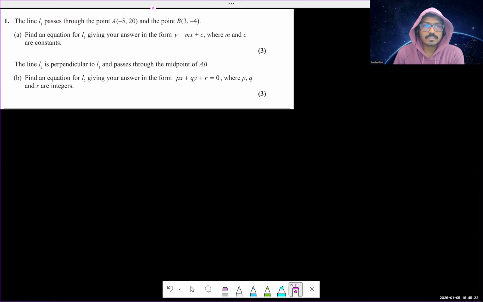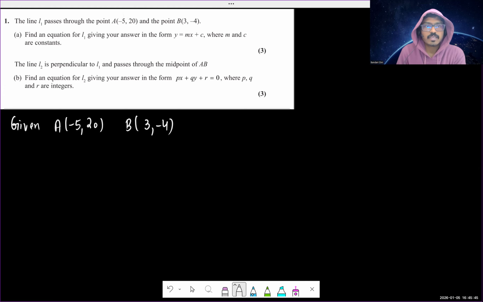Now for part A, we have two coordinates given. Let's write down the coordinates given in the question. The line L1 passes through the points A (-5, 20) and B (3, -4).